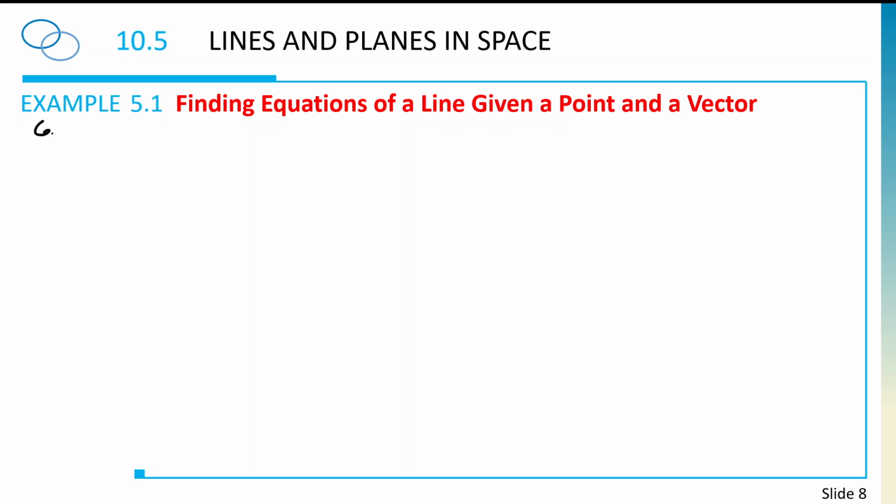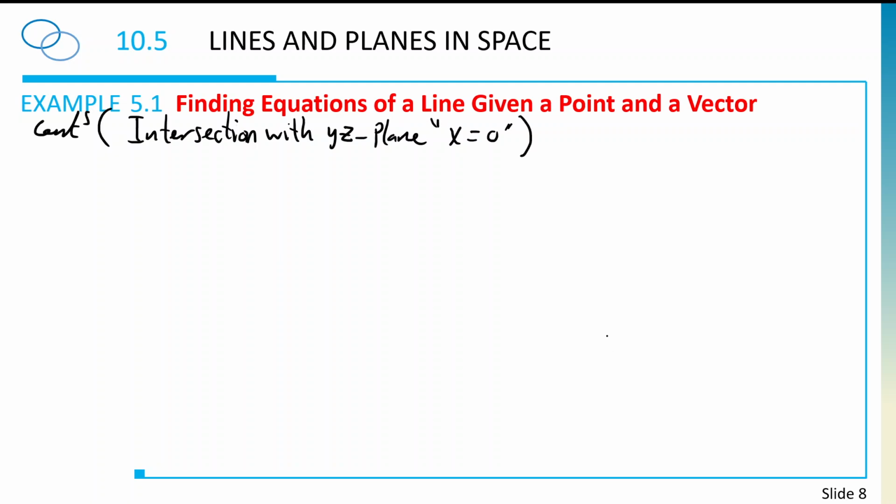So here I need to continue by finding the intersection with the YZ plane, where x equals 0. Basically, this is what I need to do: I let x equal 0. The three equations that we had already in the previous slide were x equals 1 plus 4t, y equals 5 plus 3t, and z equals 2 plus 7t.